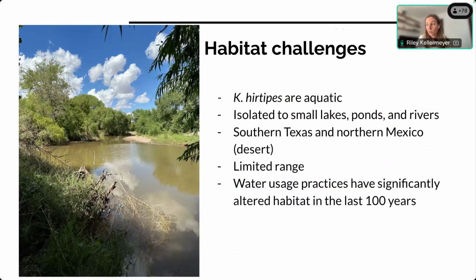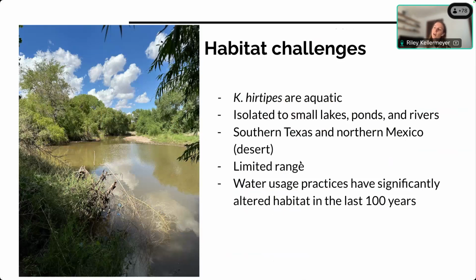All of the subspecies, they're aquatic, so they rely on sources of fresh water. They're isolated to small lakes, ponds, and rivers, and generally require rivers in order to migrate. They're found in the desert, where we know that water is pretty scarce and hard to find and incredibly important for life in the desert.